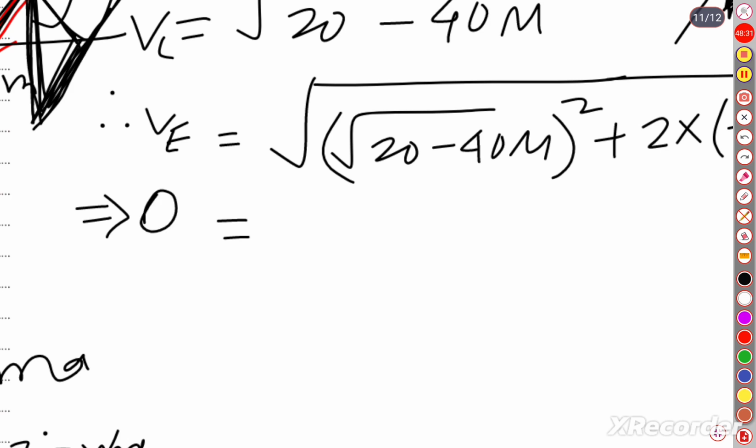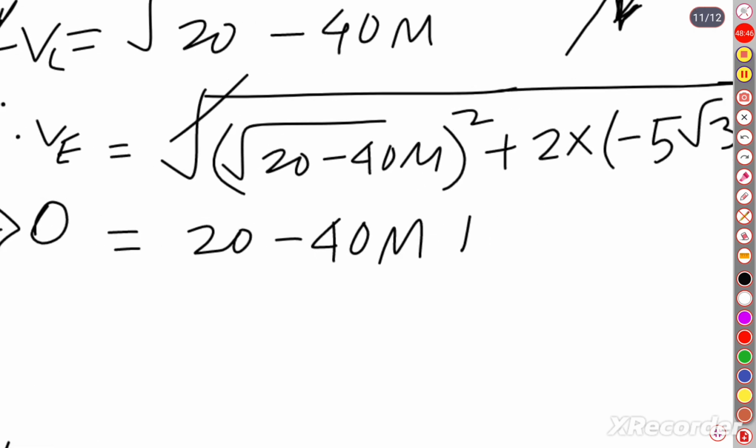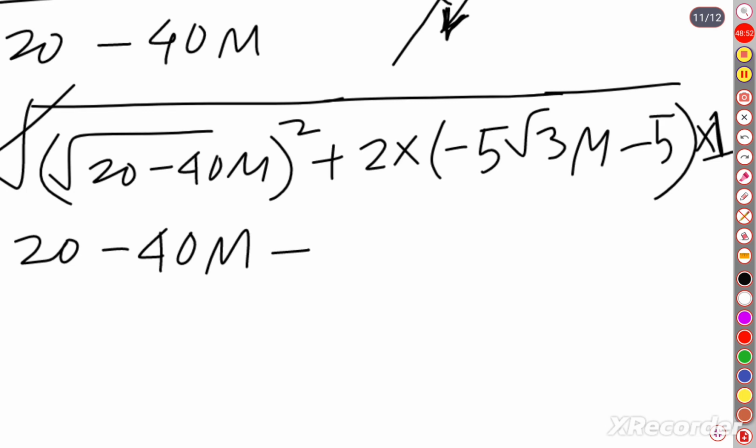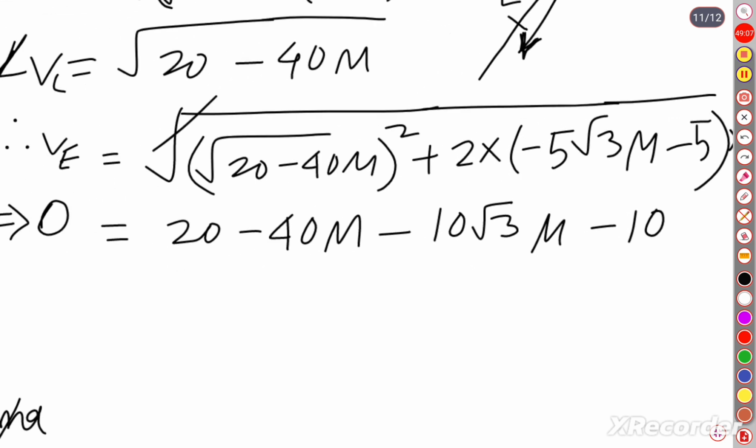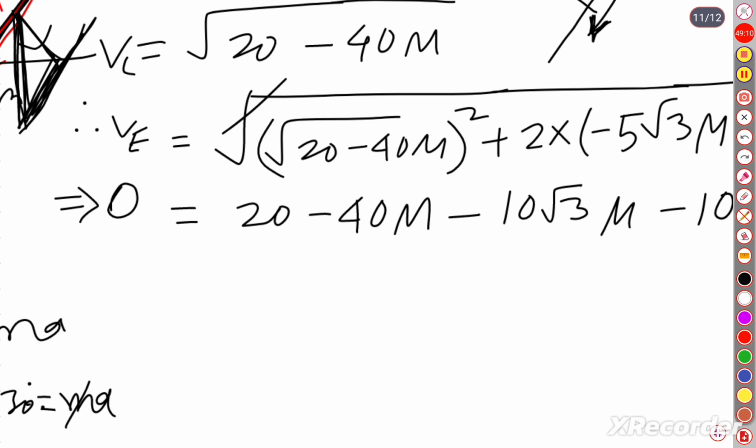If we remove this square root, then it is going to be 20 minus 40 mu, and then negative, 2 5s are 10, negative 10 root 3 mu minus 10. Now you may ask a question: where has this square root gone? If this square root is taken to the other side, we may write over here.